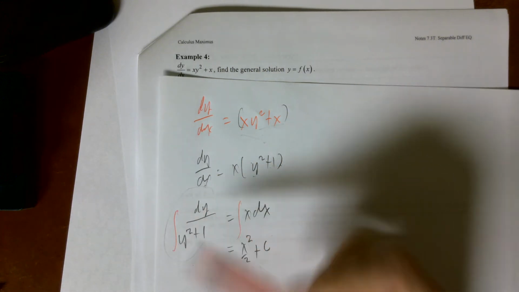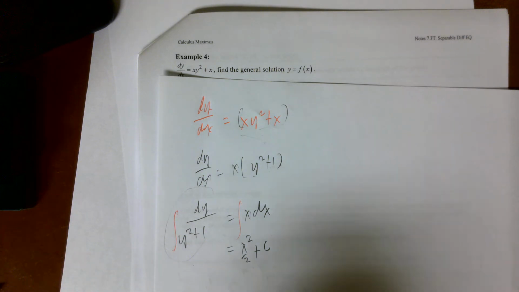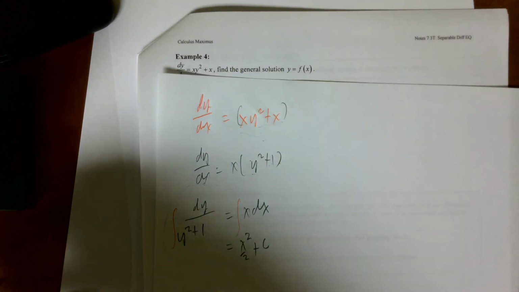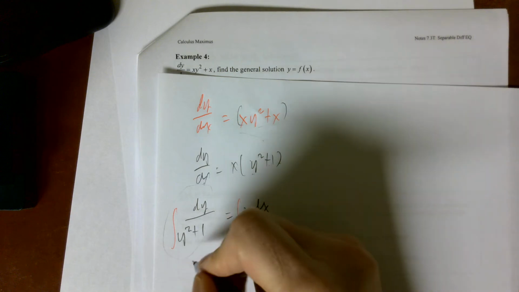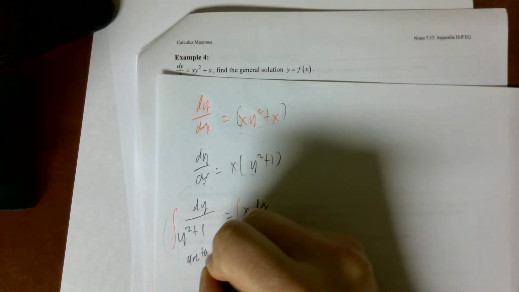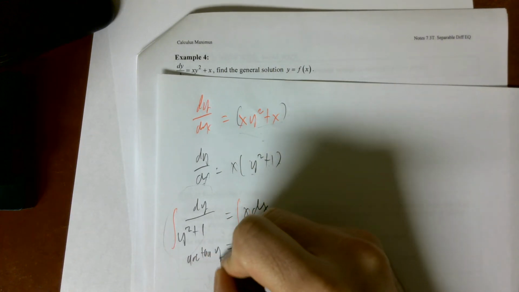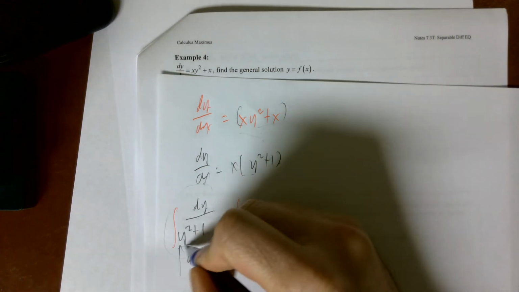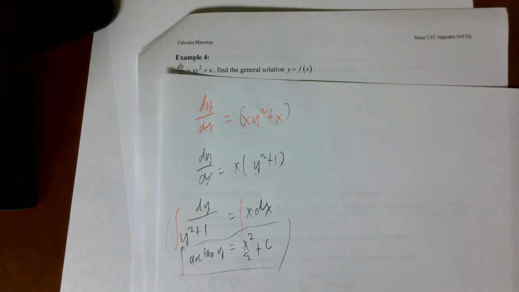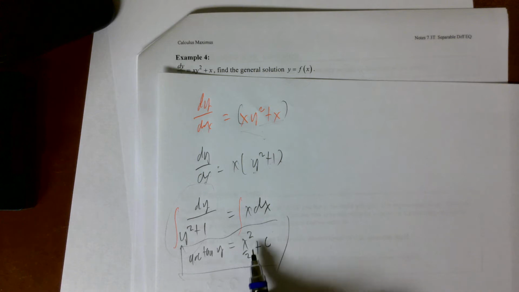I'm hoping some of you recognize that this is going to be arctangent. So after my integral, I have arctangent y equals x squared over 2 plus c.